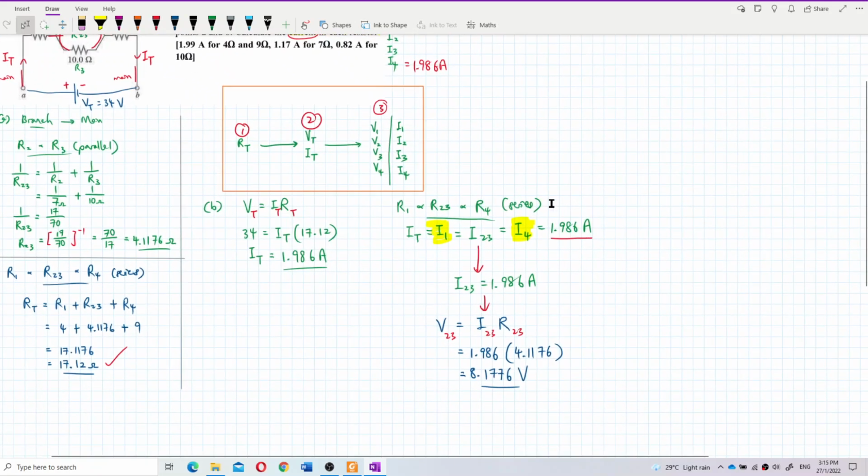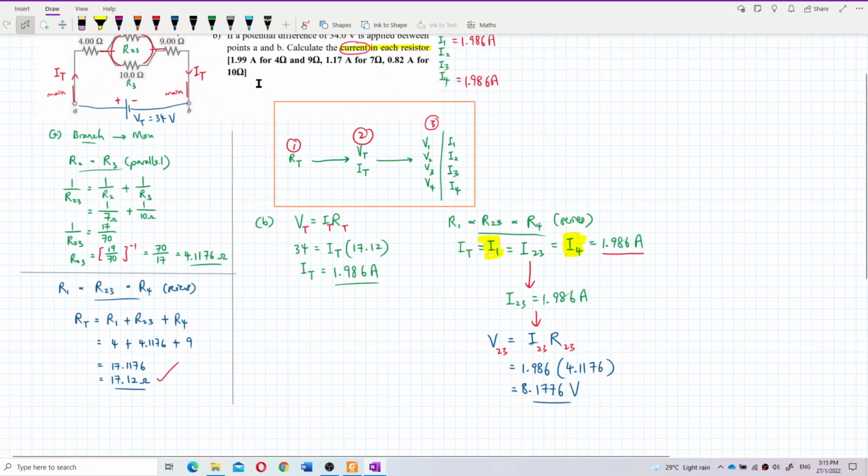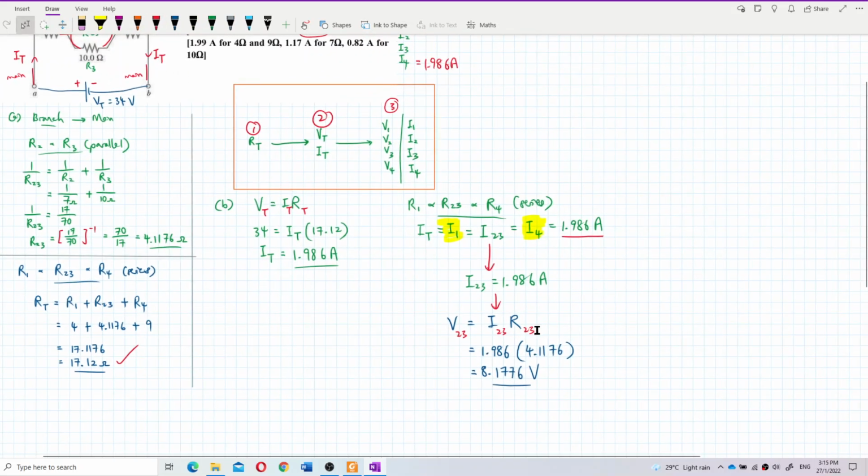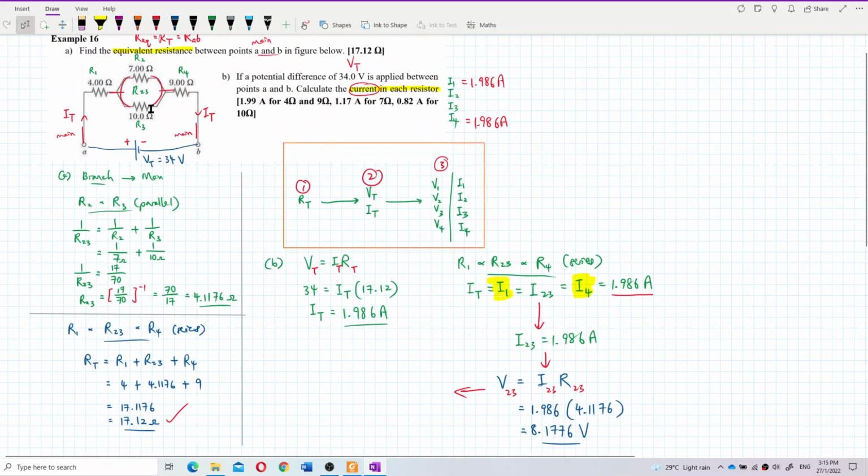So now we arrive at the next step. We can say R2 and R3 are parallel. What does it mean? R2 and R3 parallel means they have the same voltage: voltage 2 equal to voltage 3.